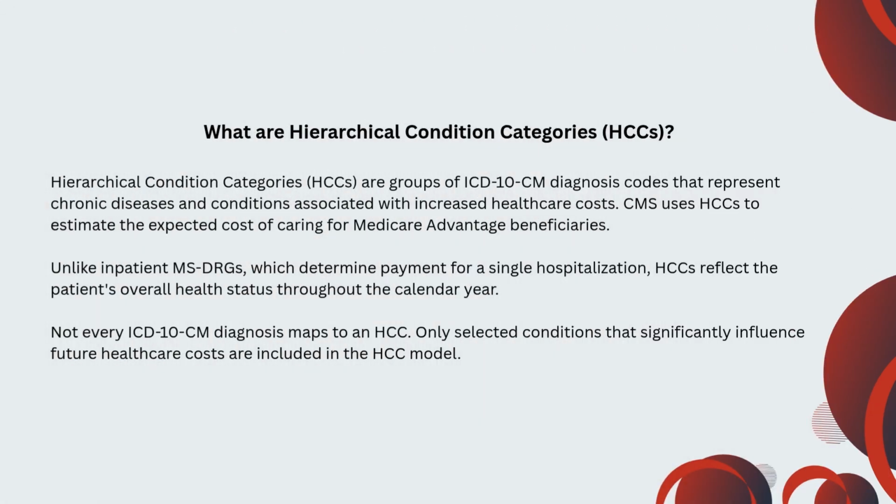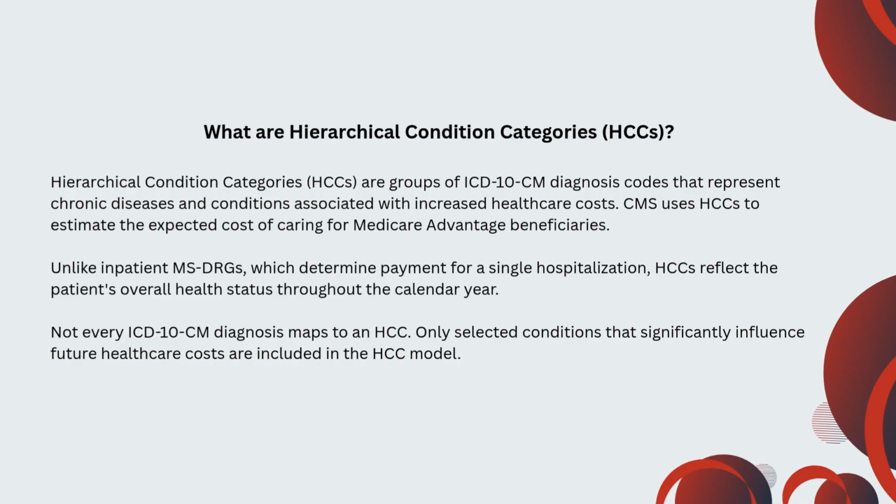Next is HCC. What are hierarchical condition categories, HCCs? HCCs are groups of ICD-10-CM diagnosis codes that represent chronic diseases and conditions associated with increased healthcare costs. CMS uses HCCs to estimate the expected cost of caring for Medicare Advantage beneficiaries.